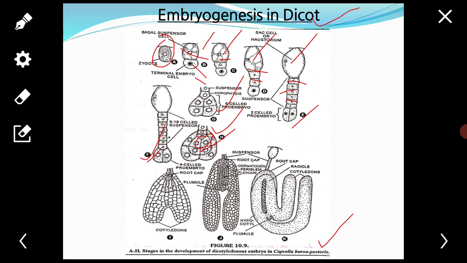Next, the suspensor cell situated at the terminal end of the suspensor, in contact with the globular proembryo, is called the hypophysis.